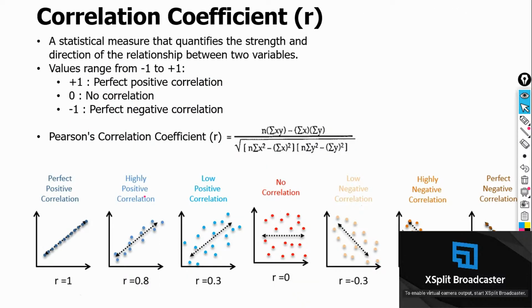And we also discussed the correlation coefficient. What is the use of small r, friends? Why should we use small r? Friends, did you get my question?